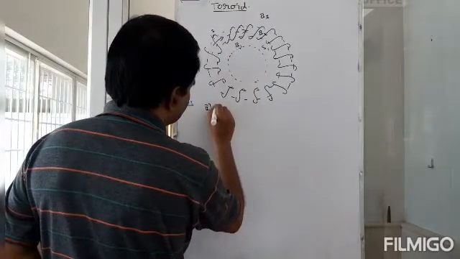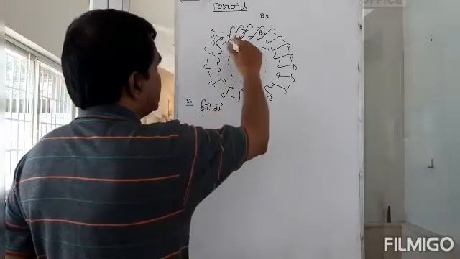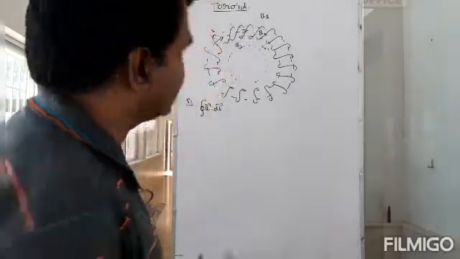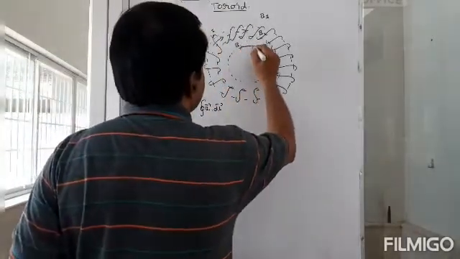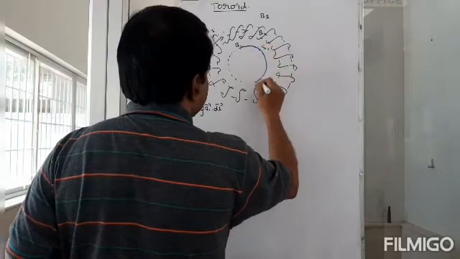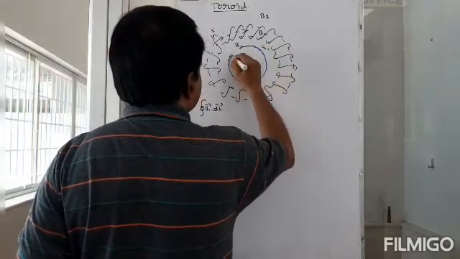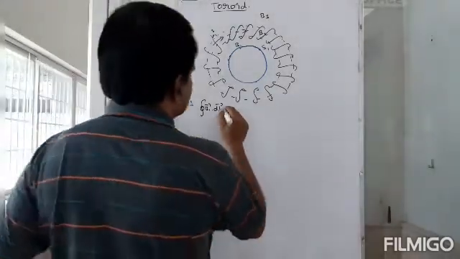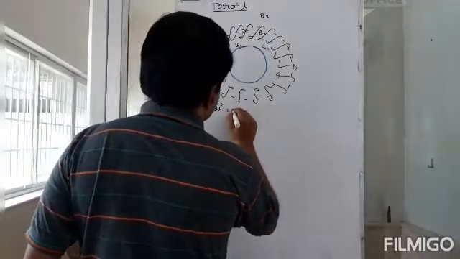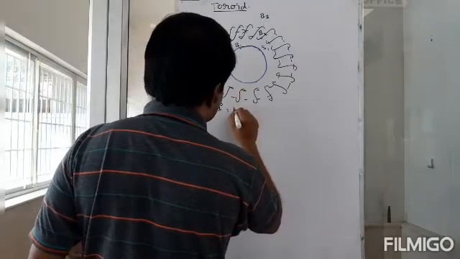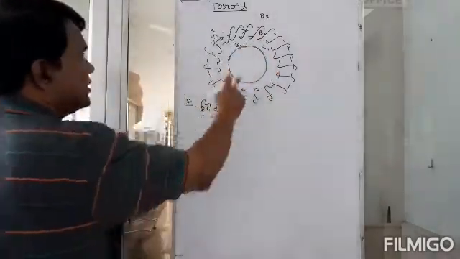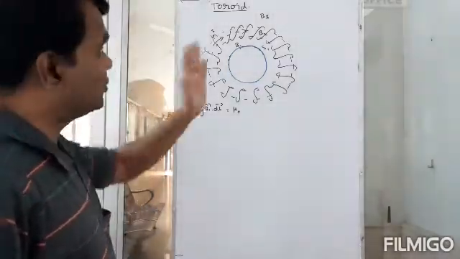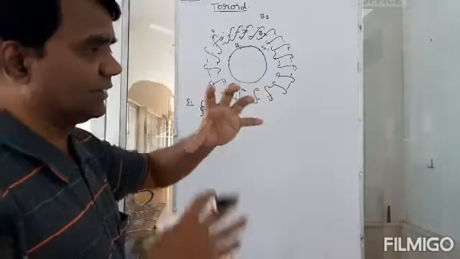So B1 dot dl, a closed loop integral around this, must be equal to mu naught times the current piercing through the surface. Is there any current piercing through this surface?